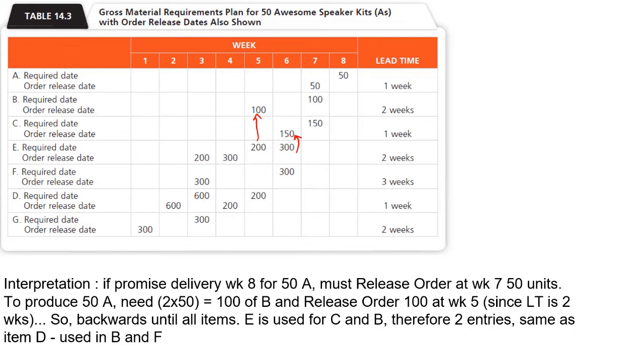So that's why when you calculated the total just now, we cannot just do 2 plus 2 times the upper level. It must be separately counted, so this becomes the order release for this quantity to assemble C. This 200 is to assemble B. So different, okay?